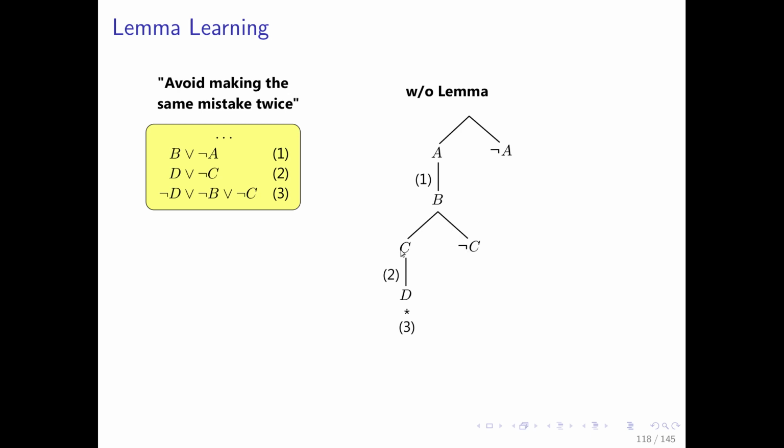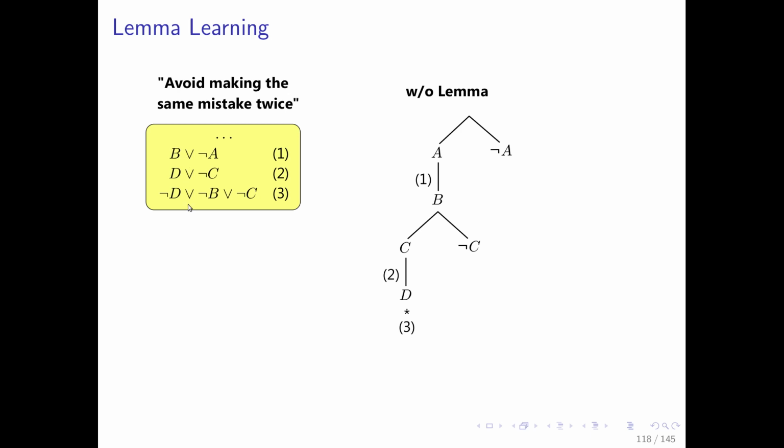If we go down the left branch, we delete every clause that contains C; there isn't one. Then we go to every clause that contains not C and delete the not C. So this becomes shorter, not D or not B, and this becomes D. Then D is forced, so we make D true. Now we're down to here. This is true.